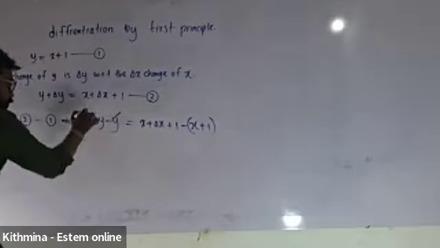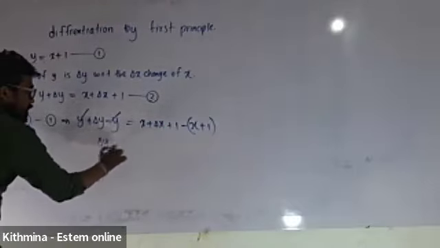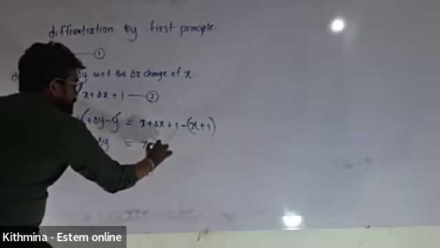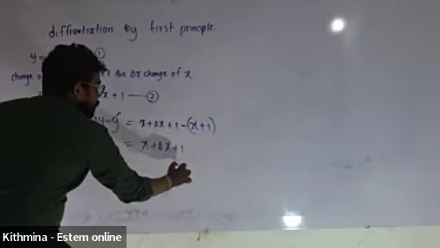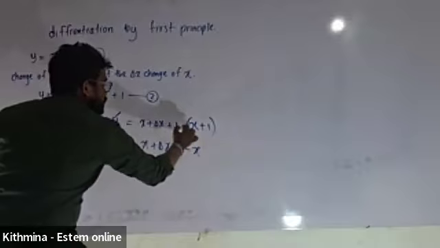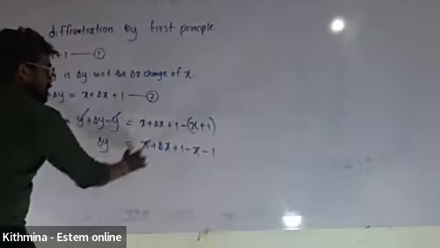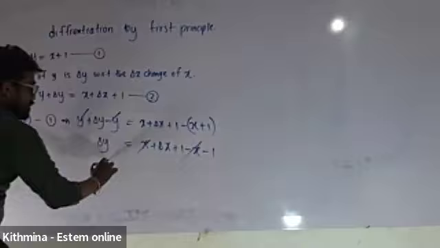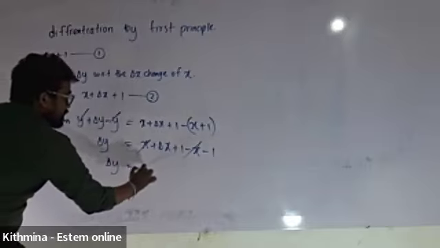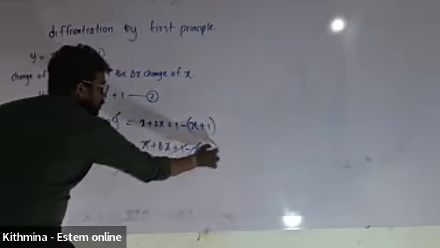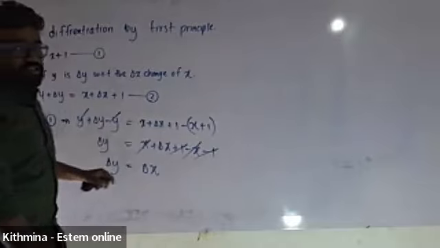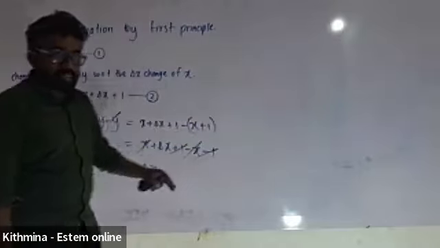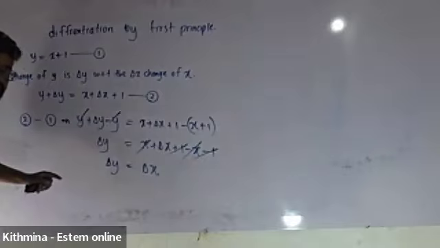Then y and y cancel out, delta y remains. x and x cancel out, the ones also vanish. Then delta y equals delta x.